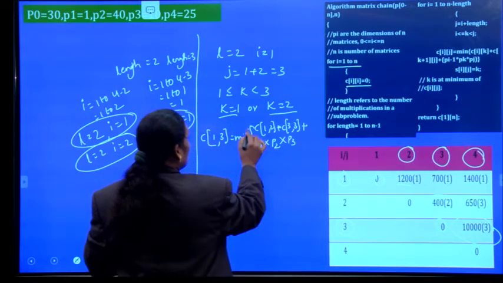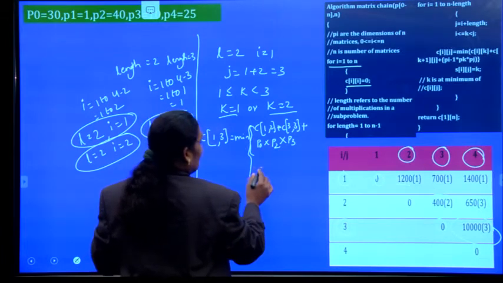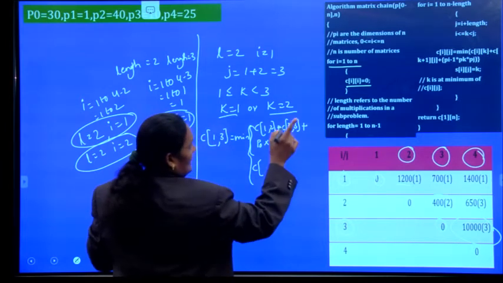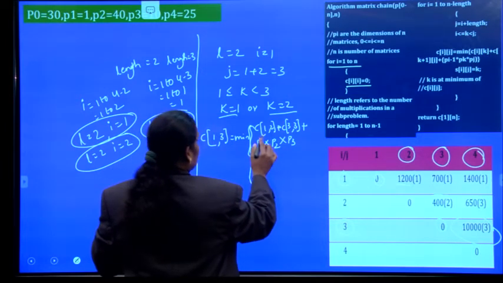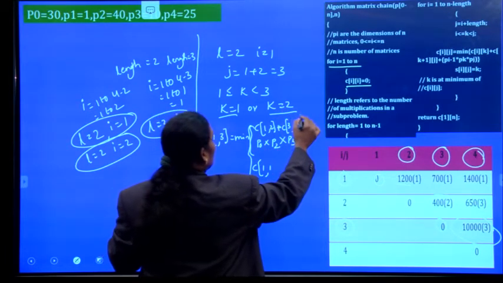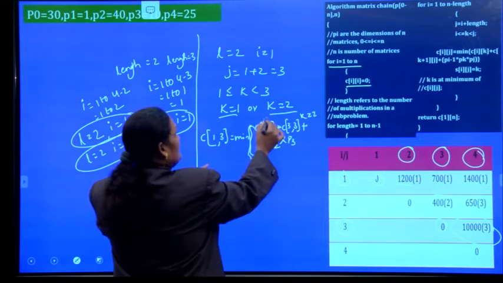Now one more k value is there. What is that k value? 2. Now let us take C Ik. I is 1, k is 1. Here I taken k value as 2. I is 1, k is 2.